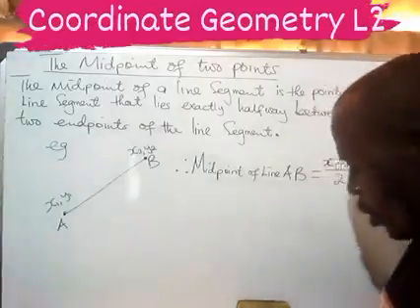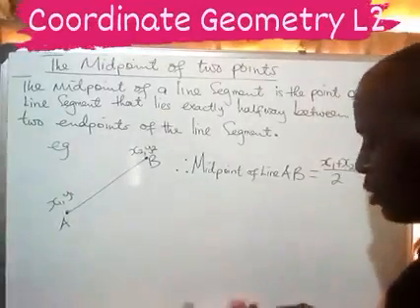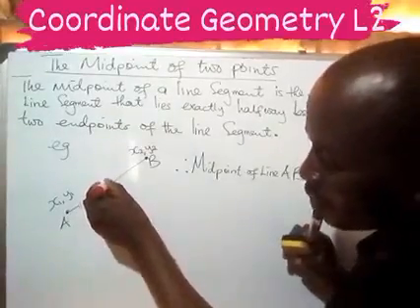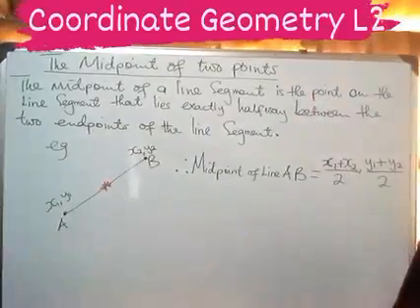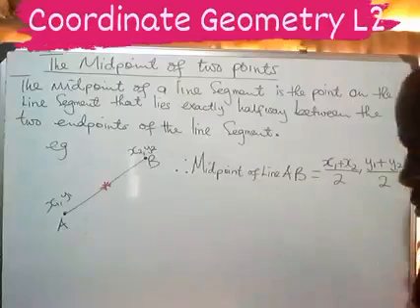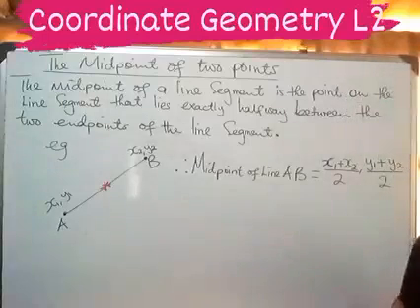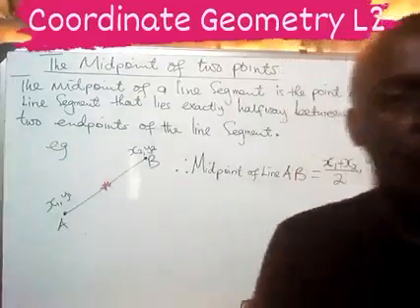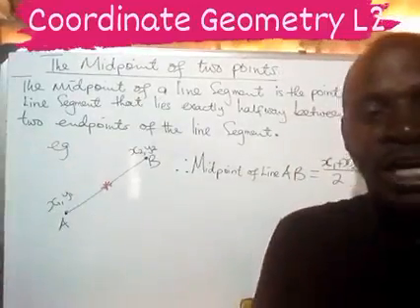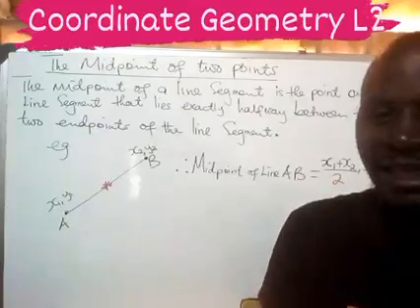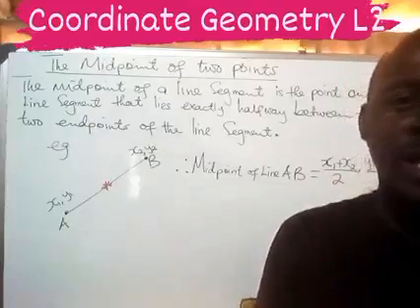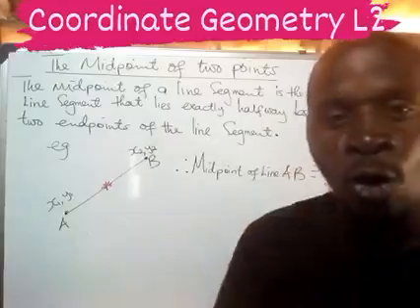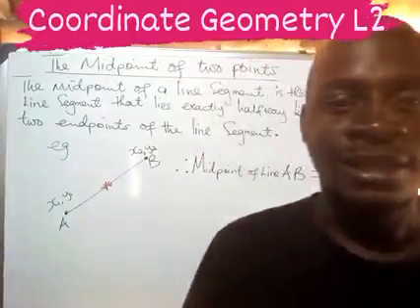Meaning there is a point at the middle of this line here. Remember, maybe I just ask this question. Which number is in between 4 and 6? Which number is at the middle of 4 and 6?